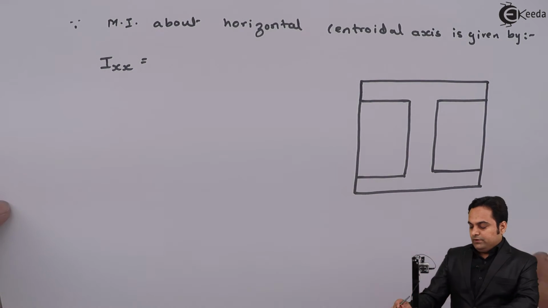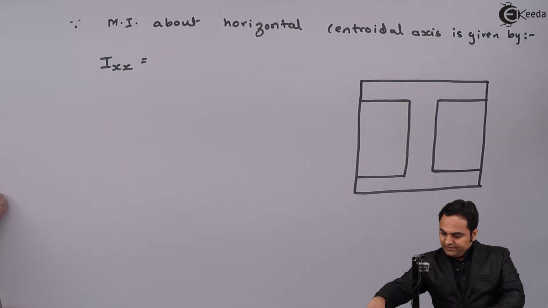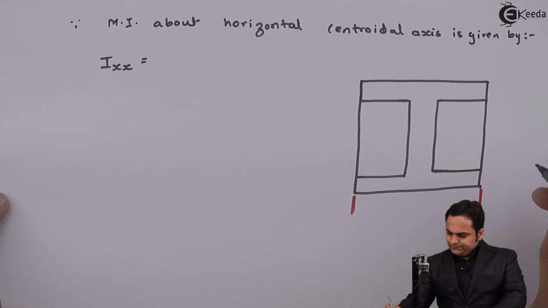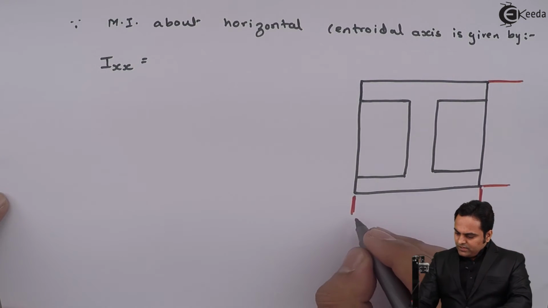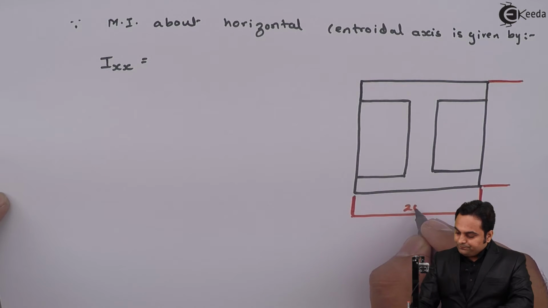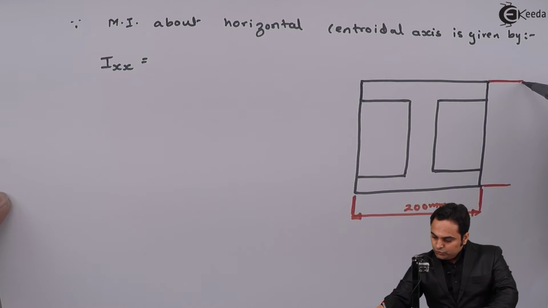Now for this I section I am considering a complete rectangle having width B 200 mm and the height is 290.